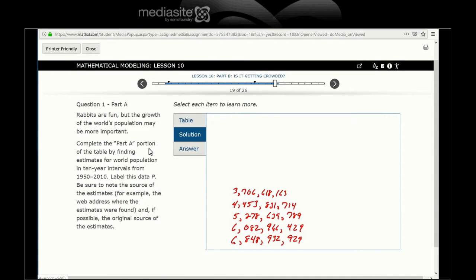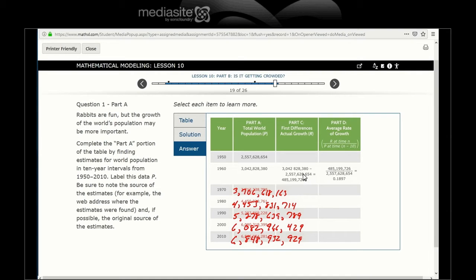Okay, solution. Let's use some table. And what was theirs? I said 3,706,000,000. Okay, 712 million, a little low. 4,450,000,000. My source is 453 million, a little higher. Oh, this is real close. 5,287,000,000. Some difference in the thousands. 6,090,000,000. That's 6,082,000,000. 6,806.